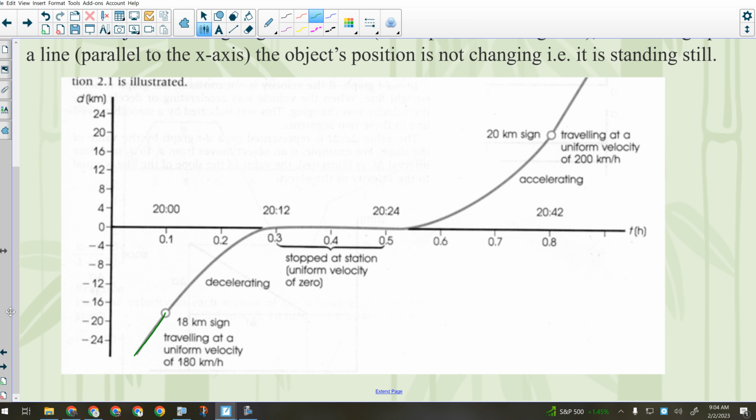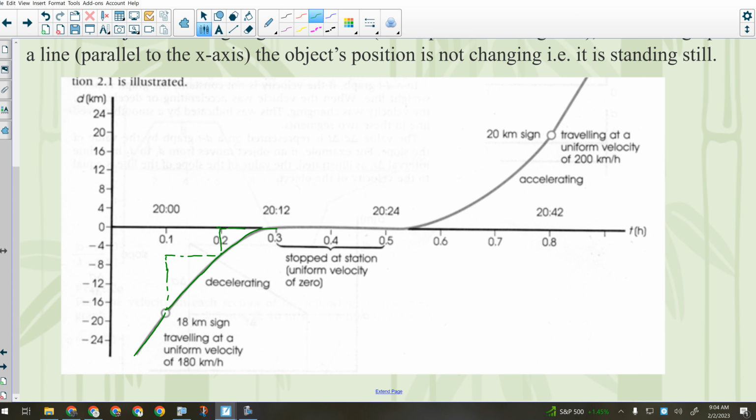All right, in this part here, we can see that the graph is curved, but the curve is getting flatter. If the curve is getting flatter, and this is showing me how much position I cover, that means that in this first second, I changed my position by this much, but in this second bit, I only changed it by this much.